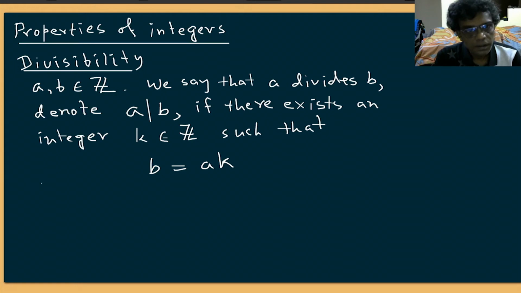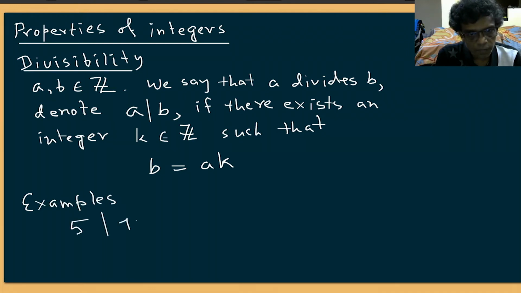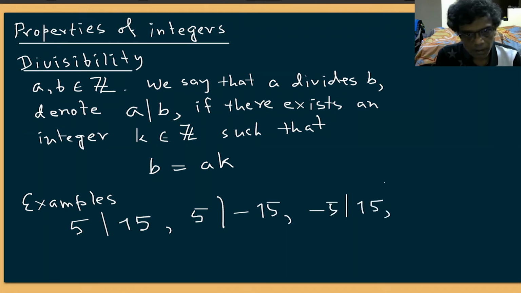But this is a little bit more general. So here are some examples. Let's say 5 divides 15. 5 divides minus 15, minus 5 divides 15, minus 5 divides minus 15, because every time you can find some k.